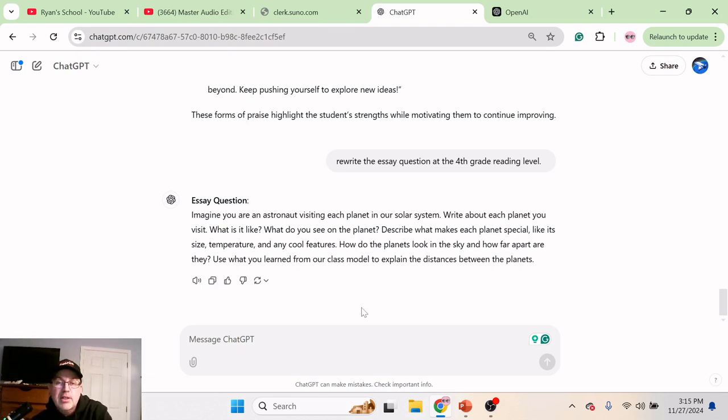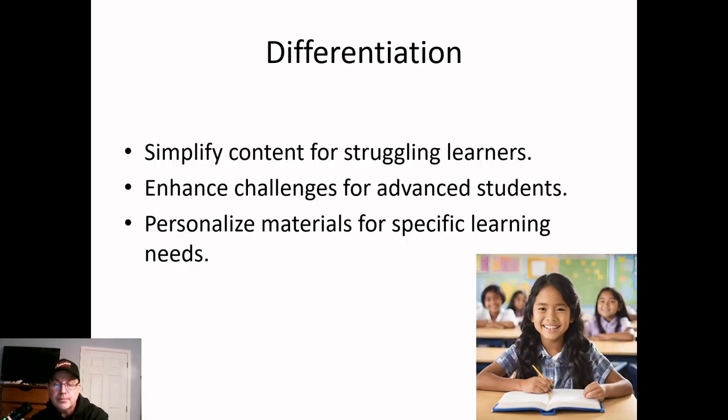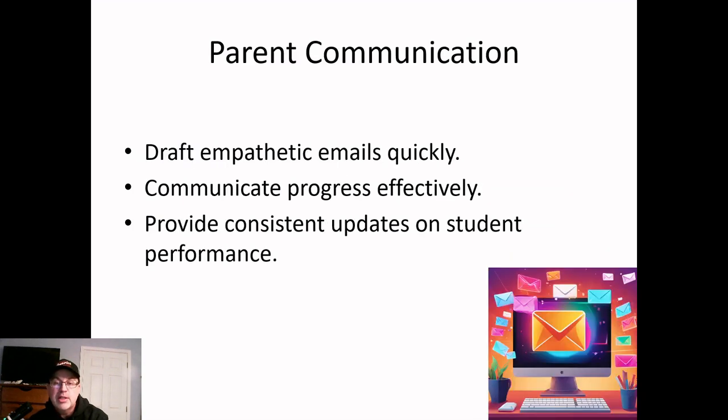You can ask ChatGPT to write a story at the 11th grade reading level and then rewrite the story at the 5th grade reading level. And now you're giving the same story to different students in your class, but you're matching that reading level to those students. We might go through and do an example of that here in just a little bit. Okay, so again, differentiation, that's a great way to use ChatGPT.